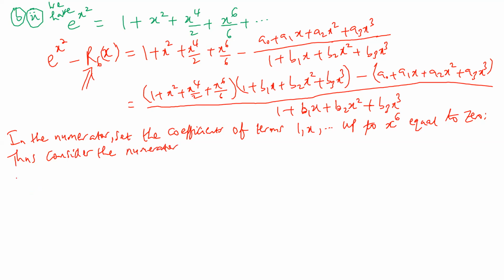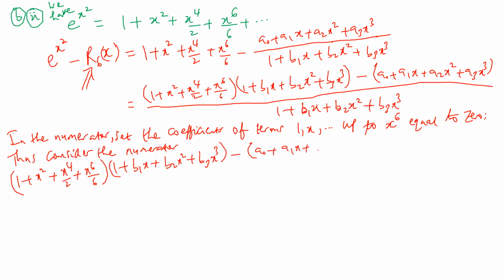So the numerator is going to be 1 plus x squared plus x to the 4th power over 2, times a naught plus a1x plus a2x squared plus a3x cubed. Okay, so you multiply through now here.